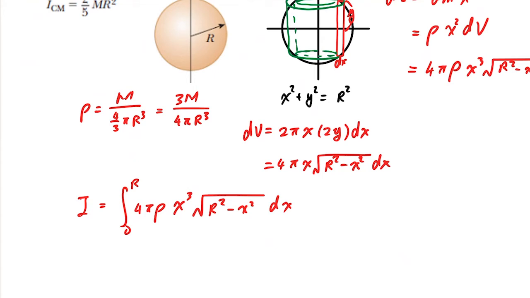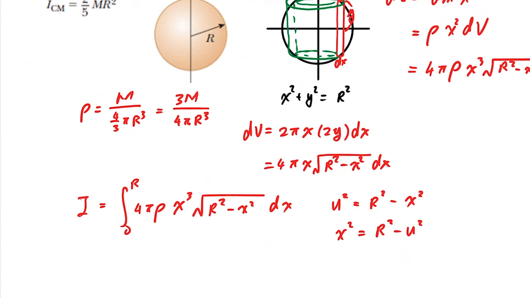Here's the trick. We do this with a u sub. Well, if that's u, that's not the u, right? Not integration by parts. Here's a trick. Let u squared be r squared minus x squared. What I'm doing here is u is equal to all of this, including the square root. Then I need x, right? So x squared, of course, is r squared minus u squared.